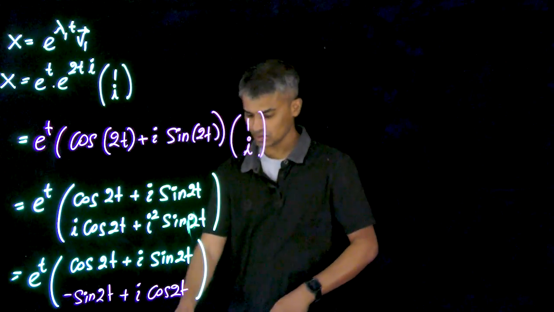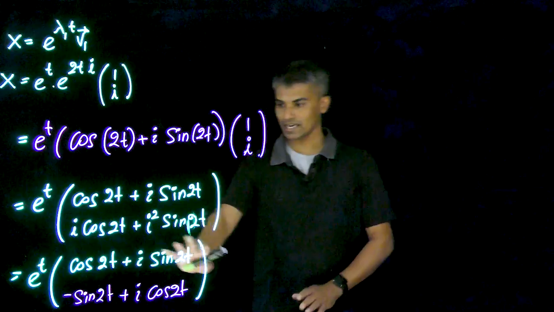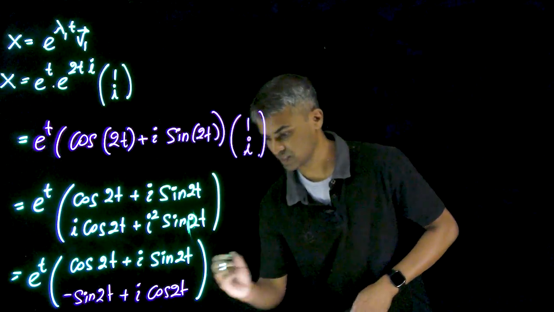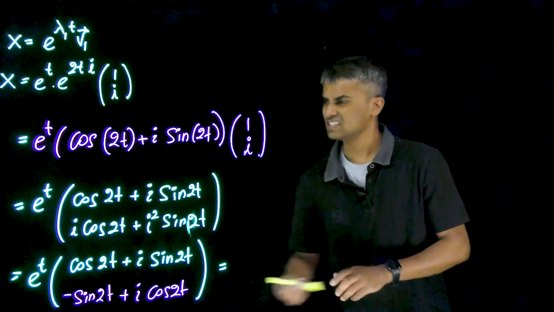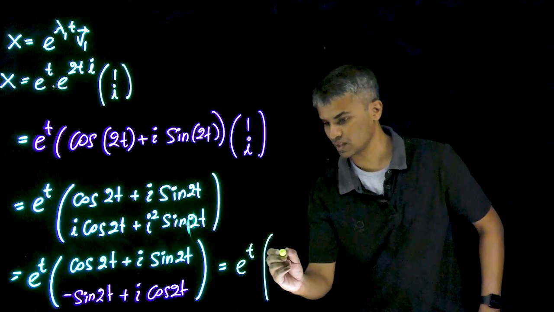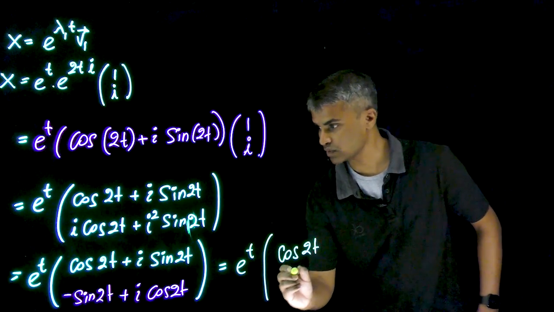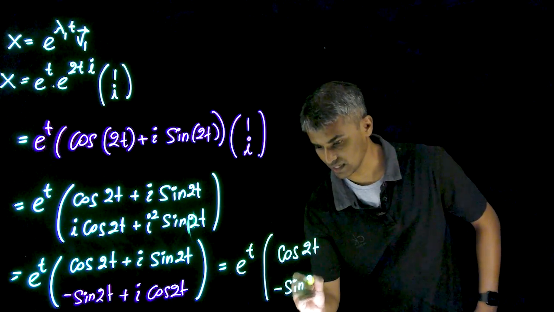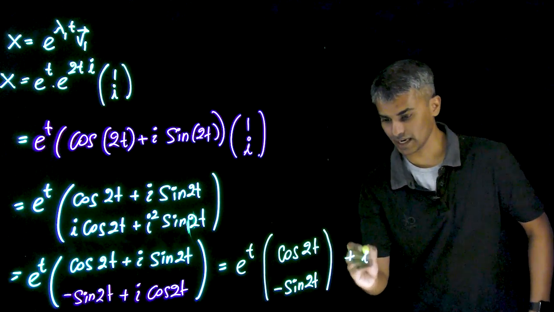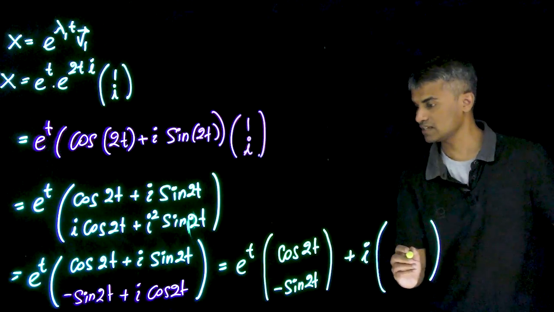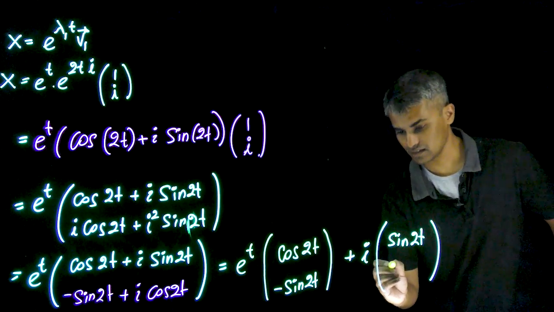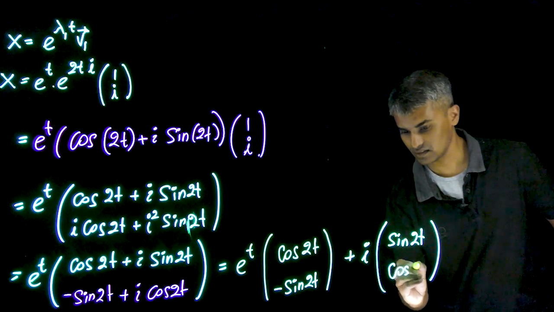Great. Now I am going to rewrite the same equation with the real part and the imaginary part. If we do that, you will get e to the t times (cosine 2t minus sine 2t), okay, plus i times, which is the imaginary part, so (sine 2t and then cosine 2t).